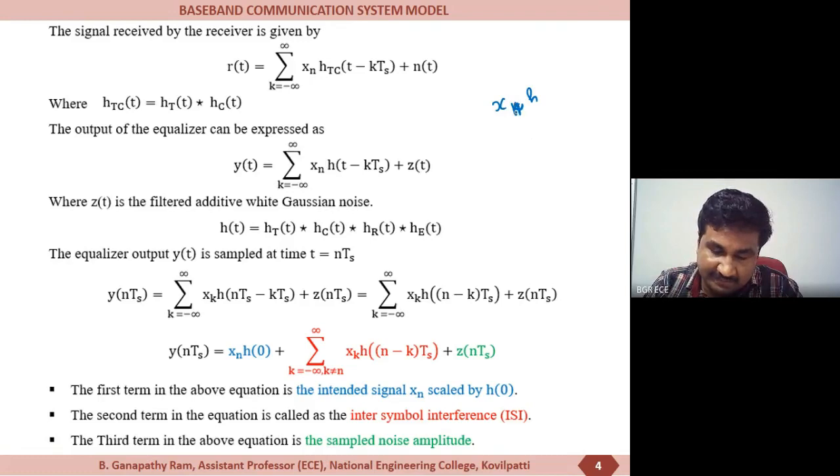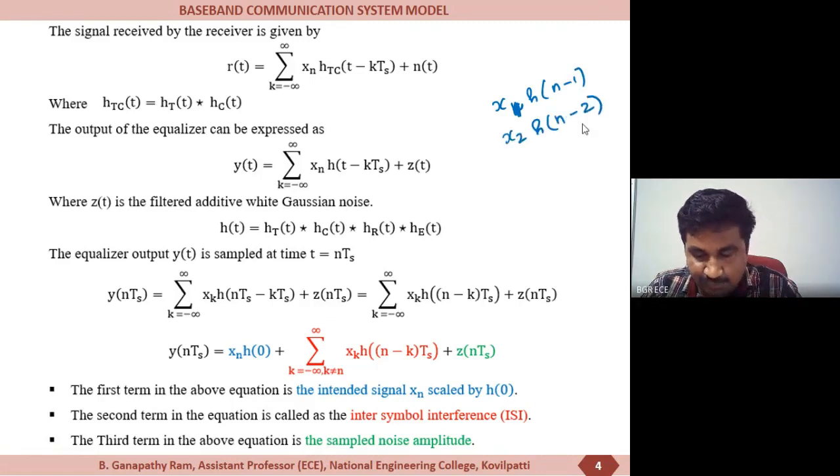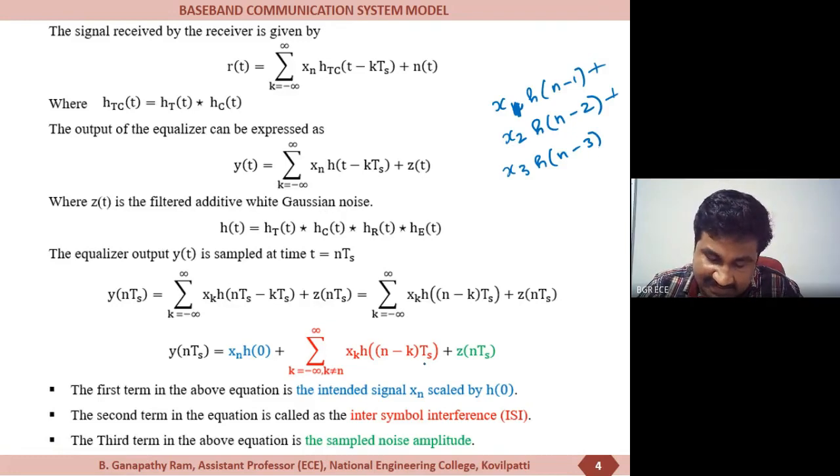For example, if x of 1 is transmitted, it will appear at h of n minus 1. If x2 is transmitted, h of n minus 2, and it involves x3 h of n minus 3 into Ts. I am not writing the Ts value here so that we can simply distinguish.